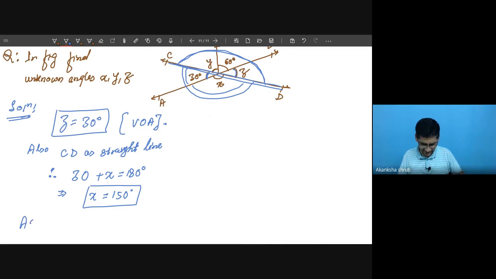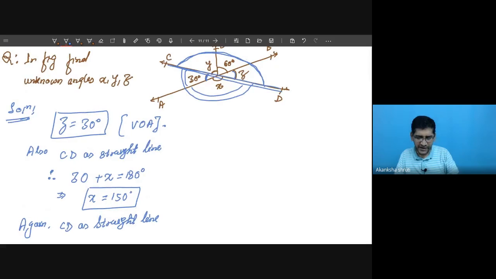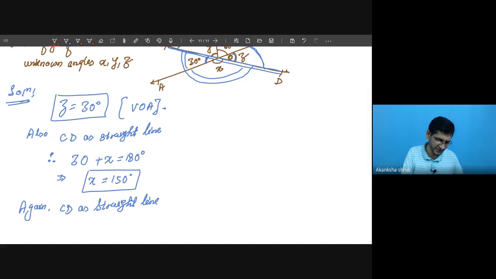Again we have to consider CD as a straight line, but on this CD straight line we have to consider now CO. Let me call this point as O. Angle COE plus angle EOB plus angle BOD is equal to 180 degree.